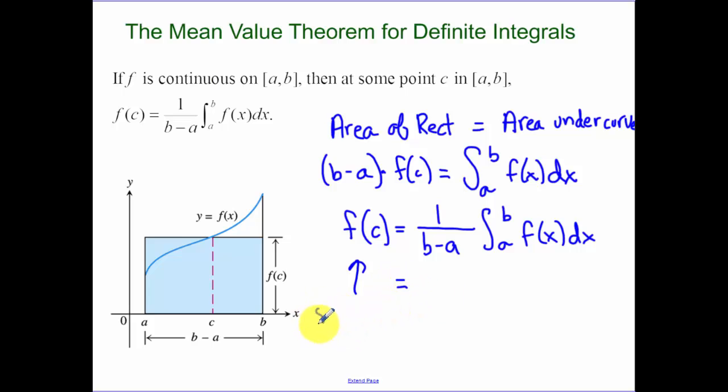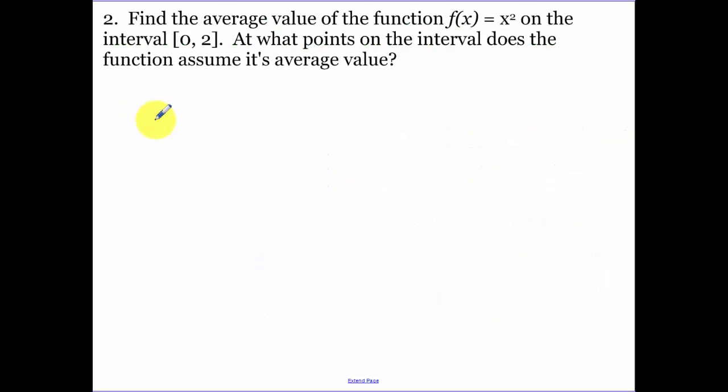There's some function value that equals our average value. Okay, that's key. That's super cool. Find the average value of our interval, and then at what points in the interval does it take on the average value.